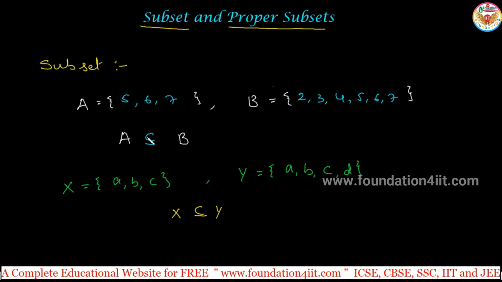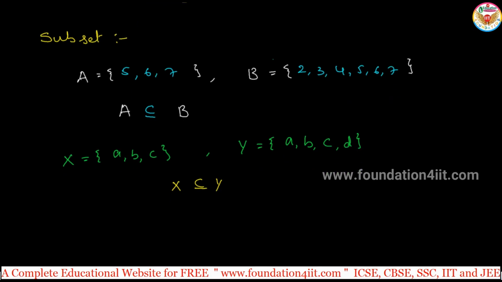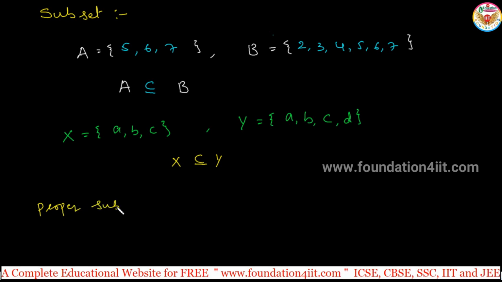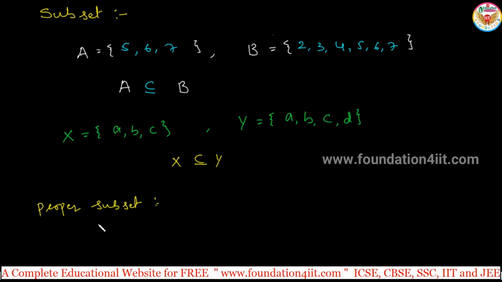And when you come to the proper subset, to get the proper subset we have one more definition. Subset and proper subset, a small change you can see in this. Here the set A is said to be a proper subset of B if, first, all the elements of A are contained in set B. Let me take an example.